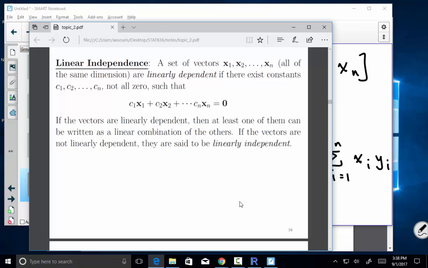If it's the breast cancer example, I have 100 women. I have x1 for woman 1, x2 for woman 2, dot, dot, dot, x100. And for each one of them, I have a vector of observations. So we're going to be saying our data sets, our samples, look like x1, x2, dot, dot, dot, xn, where each of those is a vector.